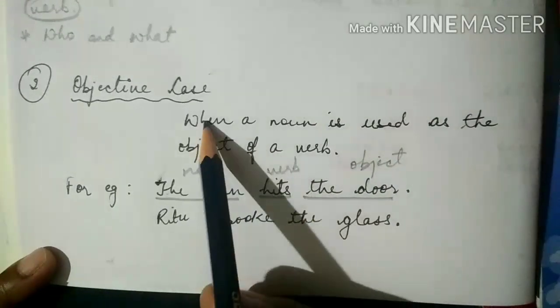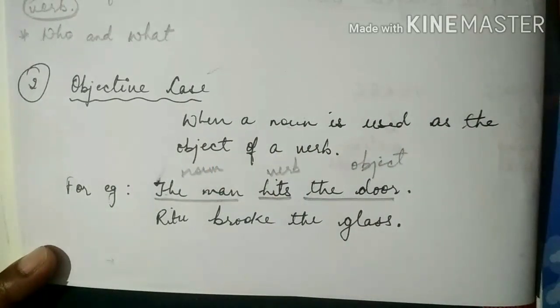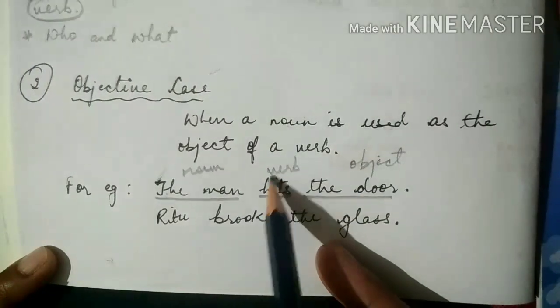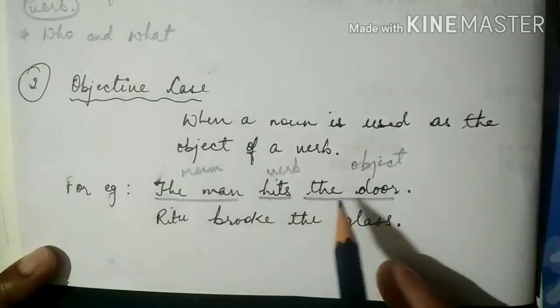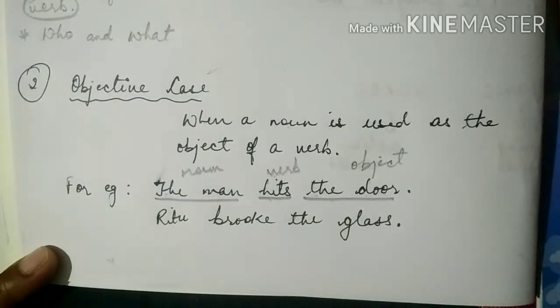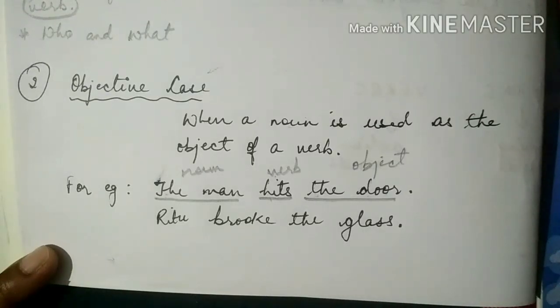So when a noun is used as the object of a verb, the door is the object of the verb hits. This noun, the door, is taking the place of an object, and in the objective case it questions what. Whatever answer we get from the word what, that is our object.